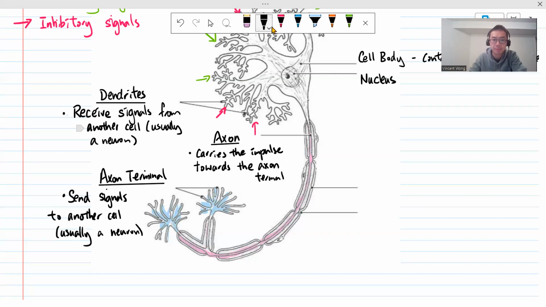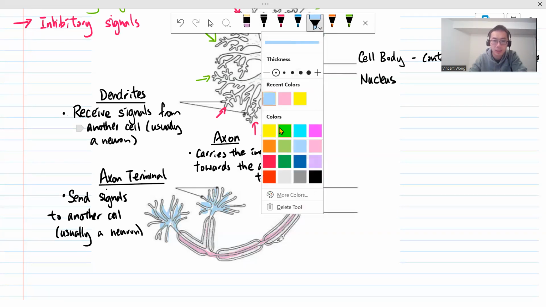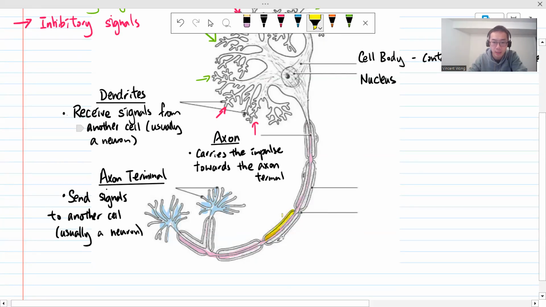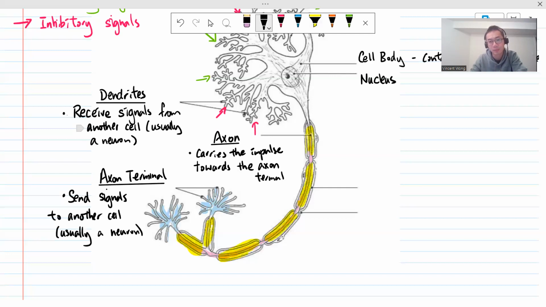So surrounding the axon are these, kind of like a hot dog, I guess, or Twinkies. Twinkies probably better analogy.